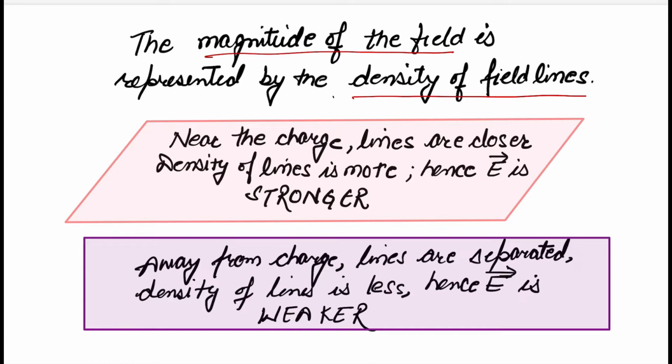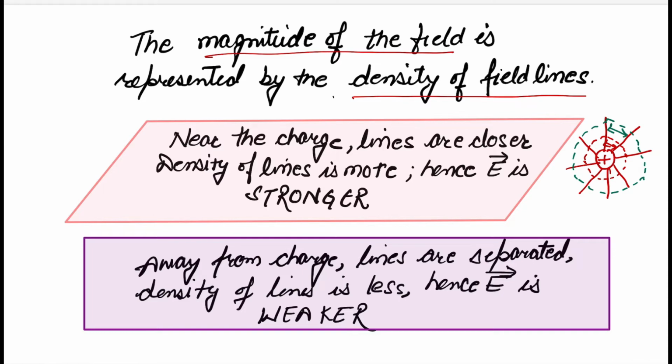Now, when you draw some charge, say I draw plus Q charge, I say that the lines are directed outward. So, you will experience that closer to the charge, the lines are at smaller distance. The distance between the lines is less. As I move away from the charge, the distance between the lines has increased.